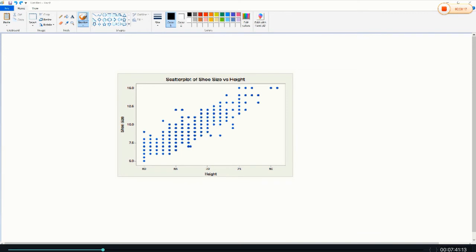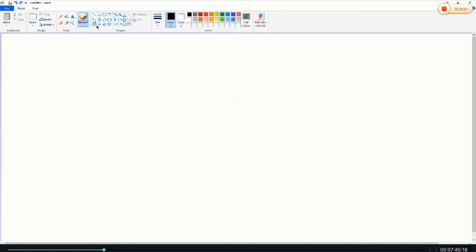When you're writing about this, you want to use words that end with ly, like moderately, fairly, and clearly, and the words strong and weak to specify. That will basically be how you write for the strength.